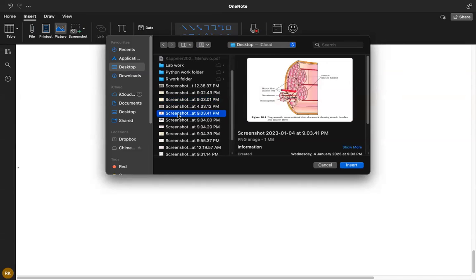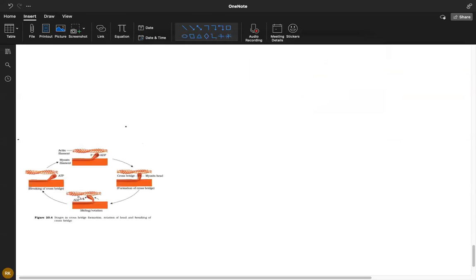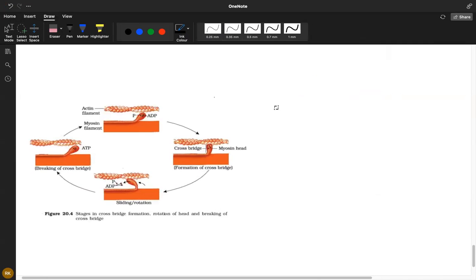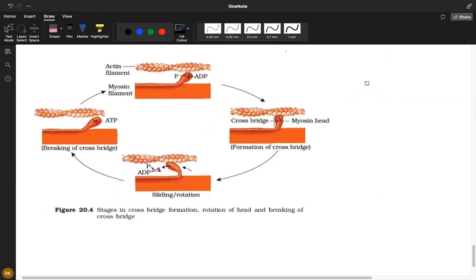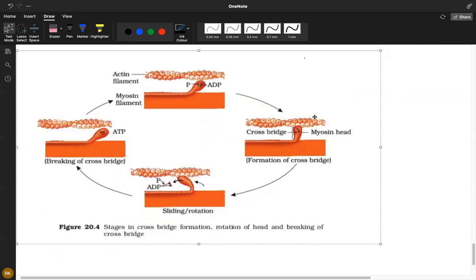No, that's not it. Yes, that's the figure. This figure I'm talking about. Can you see this, everyone? Both of you?